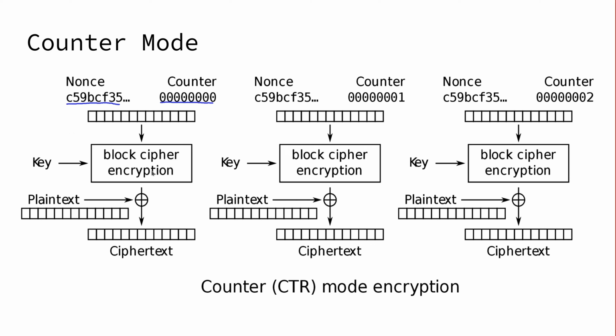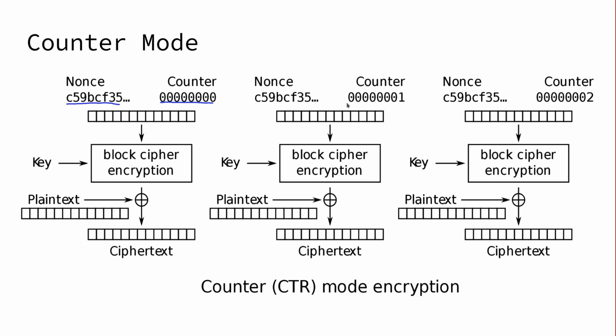Since what comes out of the block cipher is indistinguishable from randomness, we just use it like the one-time pad, let's say, and just XOR the plain text into this stream of bytes coming out of the block cipher, and then have the ciphertext.